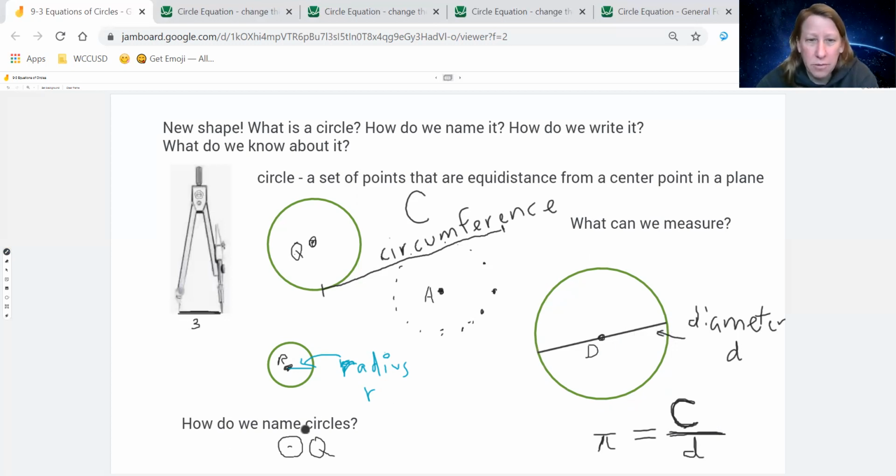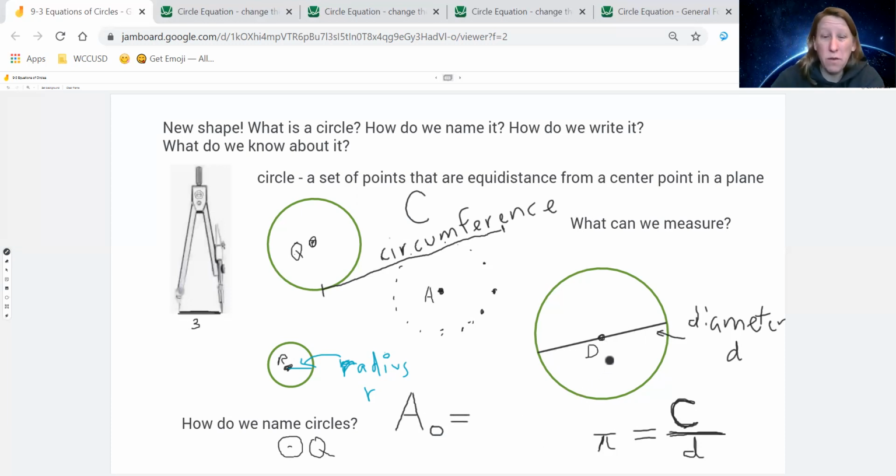Okay. Oh, there's another formula. So we can measure its circumference, we can measure its diameter, we can measure its radius. We have an easy way to find the circumference, which is to measure the diameter and then multiply it by this cool irrational number pi. What else can we measure? We can find a circle's area. So if I want to talk about the area of a circle, there's a formula for that.